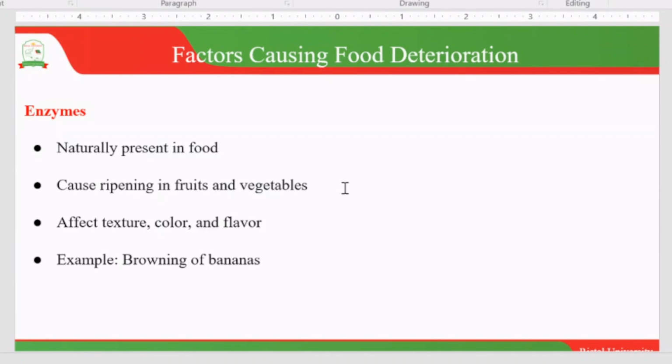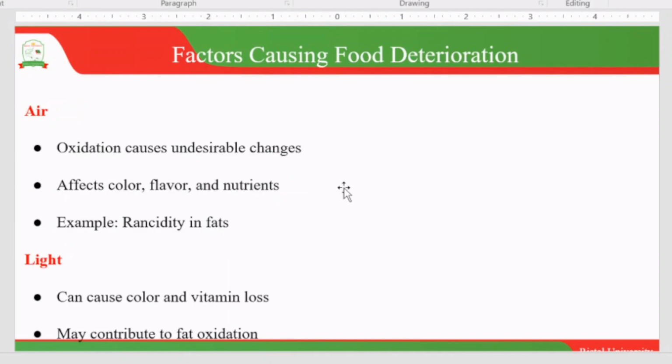There are a number of enzymes, like the proteases that break down proteins into smaller peptides and amino acids. But also we are looking at browning of bananas, which is the easiest one we would look at when we talk about enzyme reactions.